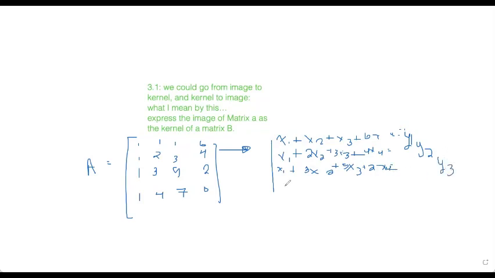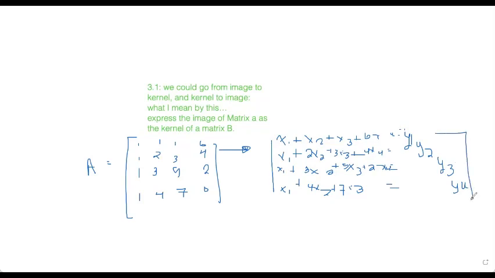And finally, x1 plus 4x2 plus 7x3 equals y4.